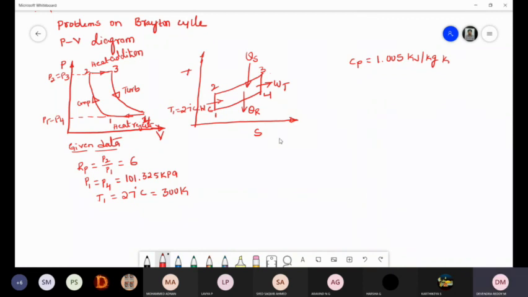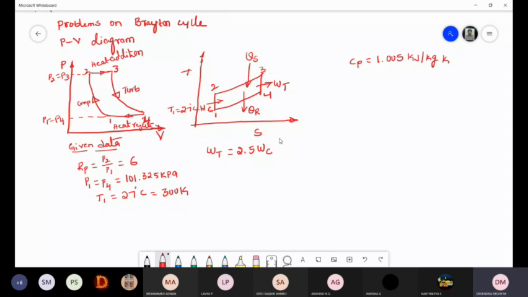This is the given data. And one more condition is given in the problem. The pressure ratio is given, and the turbine work equals 2.5 times the compressor work. How will you write that? WT equals 2.5 times WC. Is it correct? Yes sir. That is a given value. And now Cp value is given. You can write down Cp.